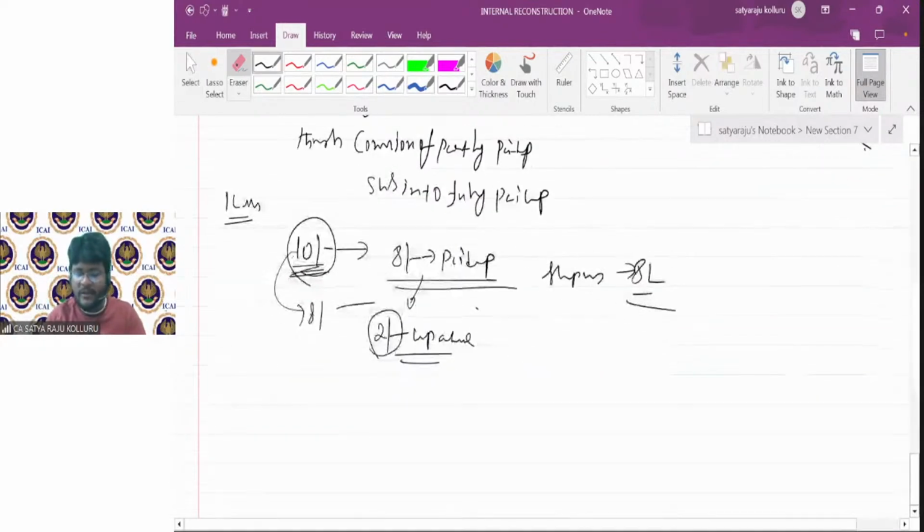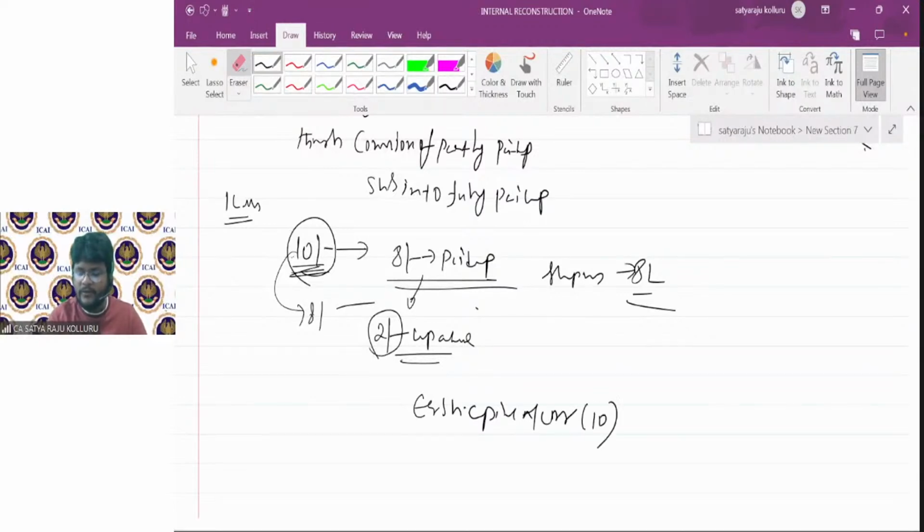Now the journal entry is: equity share capital account debit. Earlier face value, how much? 10 rupees. Paid up capital is the same, 8 lakhs. To equity share capital, now paid up value is 8 rupees, 8 lakhs. If you look at the journal entry, there is no impact on the financials. I agree.